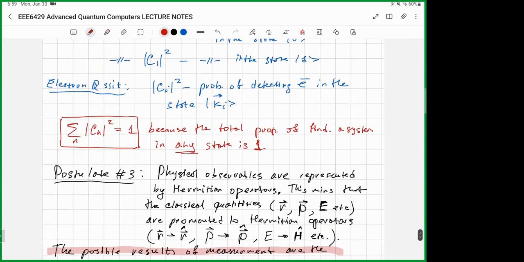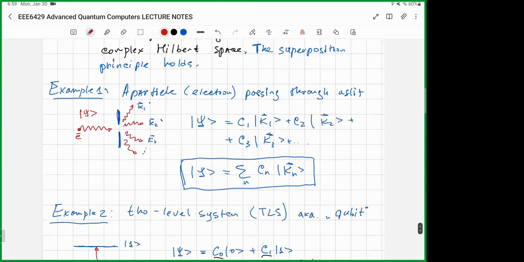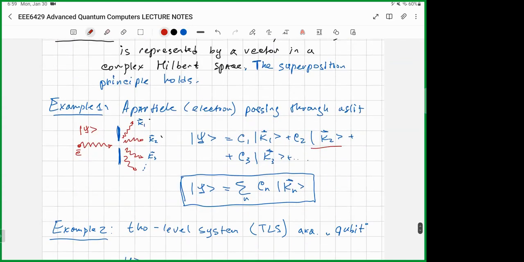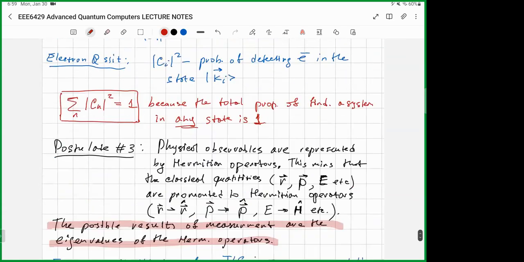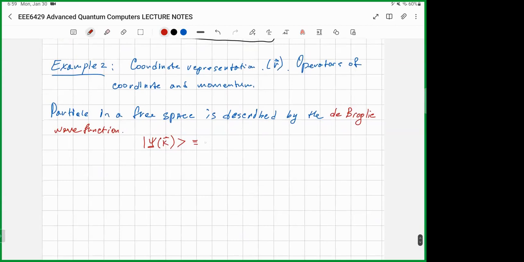We also denote it simply like this, the ket with k vector without writing psi. So this is the same as this ket k, right? And this is equal to some normalization factor, which is the amplitude, times the exponential function of i k r.